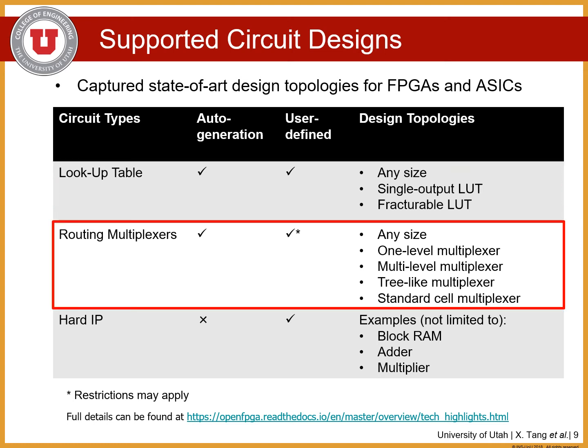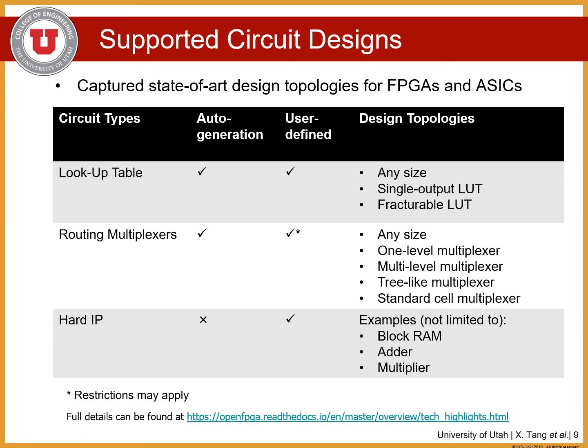Regarding the routing multiplexers, we support any input size of routing multiplexers, as well as flexible structures for the multiplexing. For example, one-level, multi-level, and tree-like, as well as standard cell multiplexers, each of which offers a different level of power, performance, and area trade-offs.